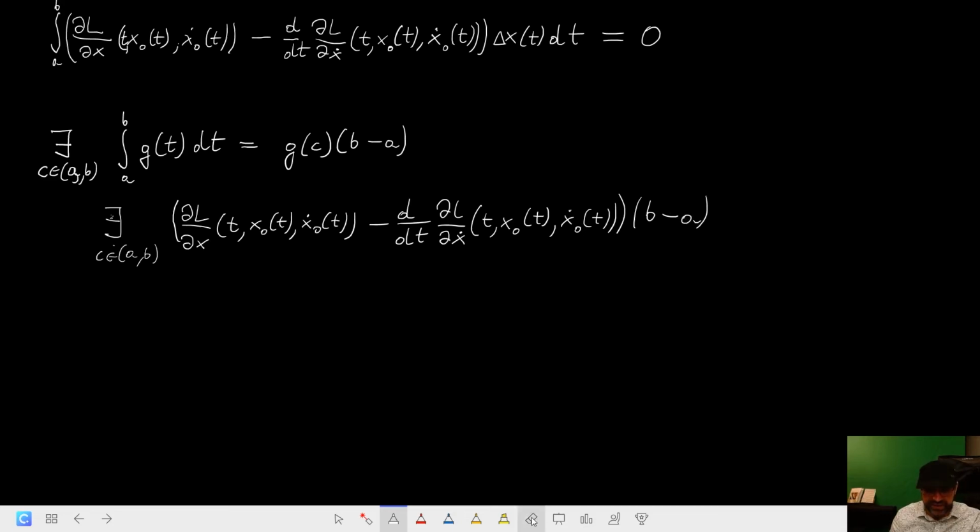I'm kind of silly because I have written t here, but this is clearly our c, and maybe not c, let's use t prime, just to remember this is time. So there exists t prime in the open interval from a to b such that this expression will be equal to 0.